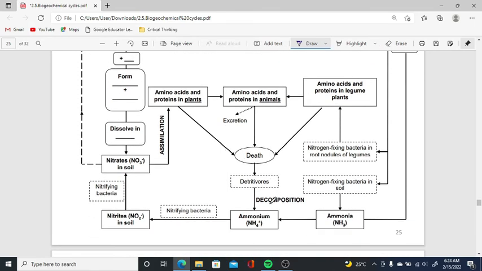And then this is decomposition and ammonification lah, production of ammonium daripada waste product ataupun dead organic matter. And also we have nitrification is the conversion of ammonia or ammonium into nitrate.